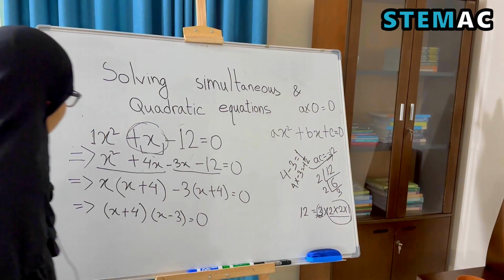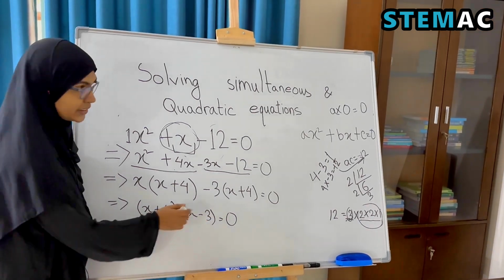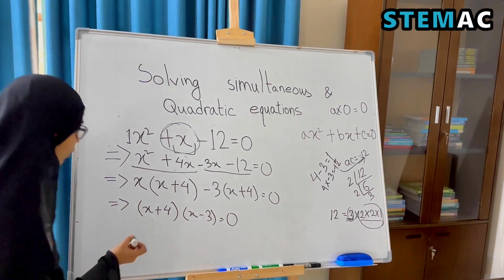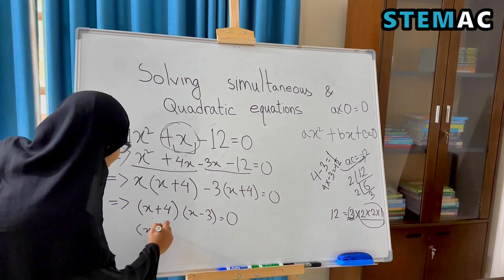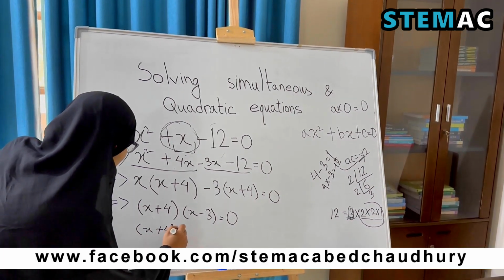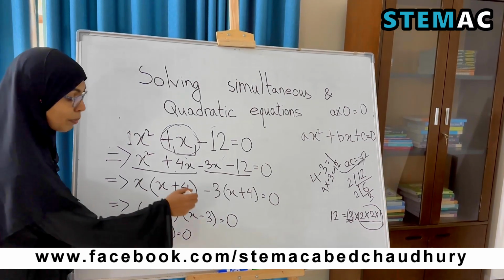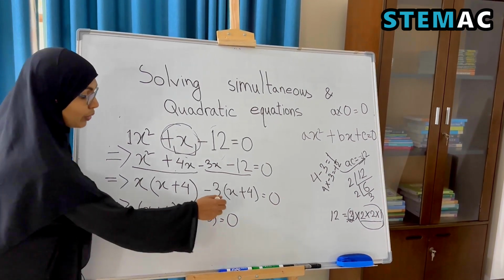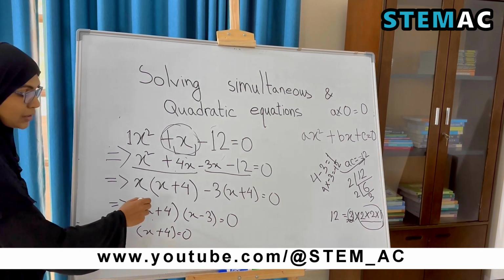So to get 0, one of the factors has to be 0. That is why we write x plus 4 equals 0. If this is 0, 0 multiplied with x minus 3 gives 0. If this is 0, 0 multiplied with x plus 4 gives 0.